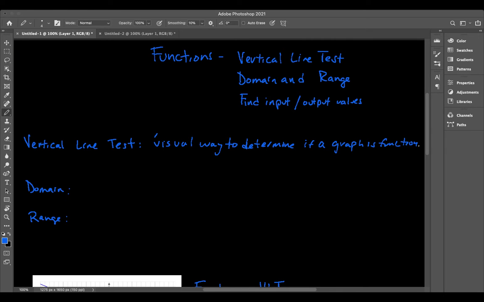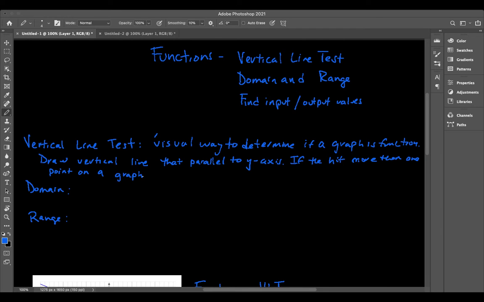How that works is, if you draw a vertical line that is parallel to the y-axis, and the line hits more than one point on a graph, then it is not a function. Okay, so we'll talk more about that as we go along.